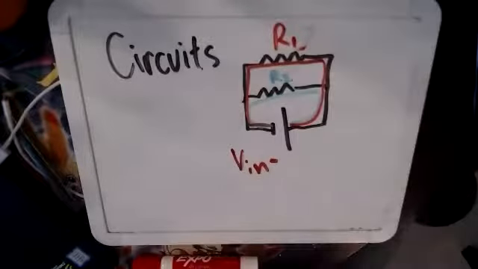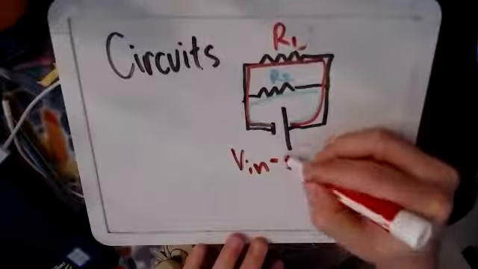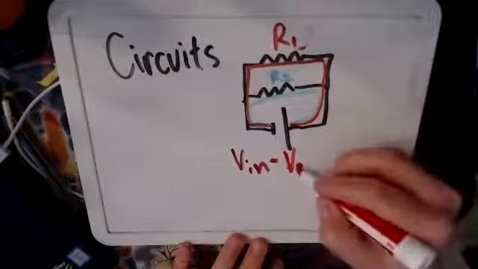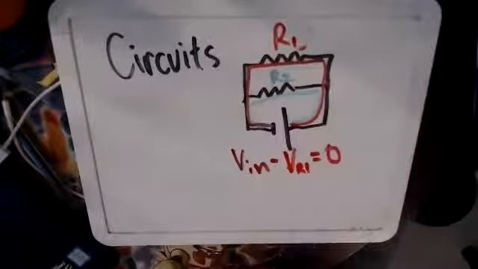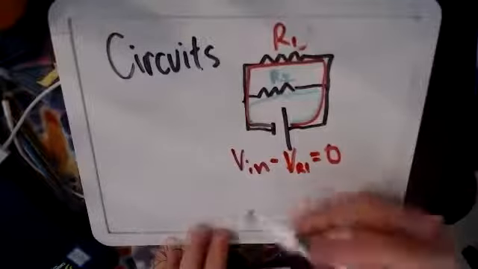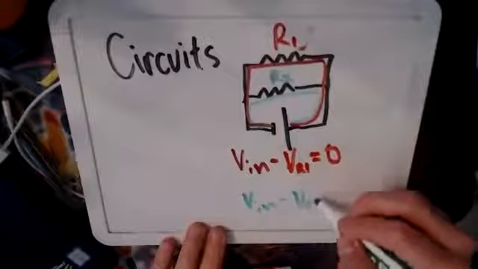Okay, so we have our V input minus the voltage in R1 equals 0. And then we also have a statement that says the same voltage input minus the voltage in R2 equals 0.